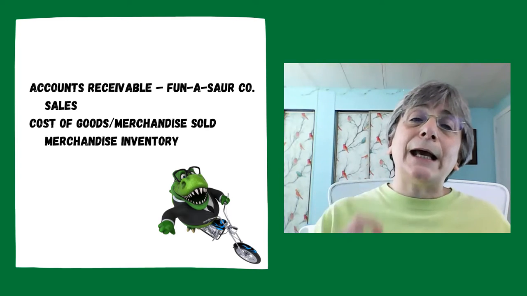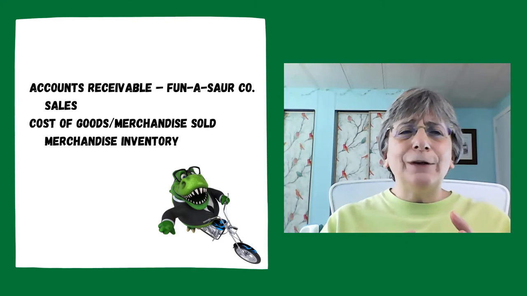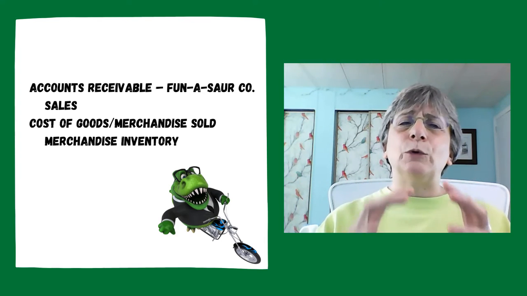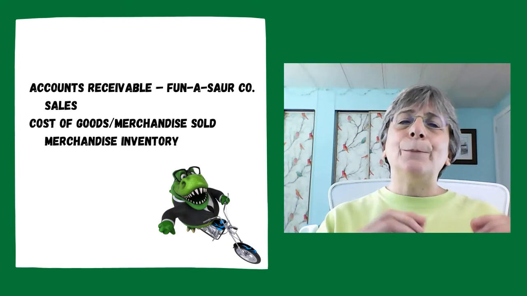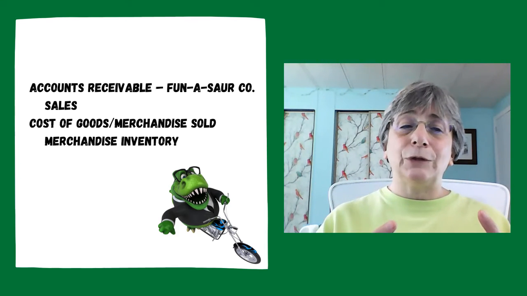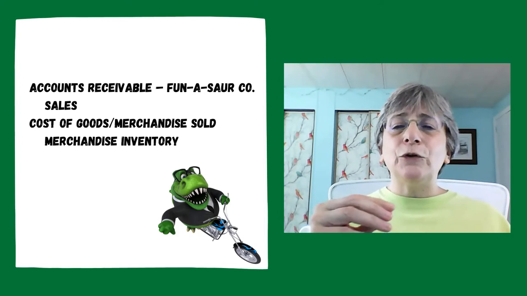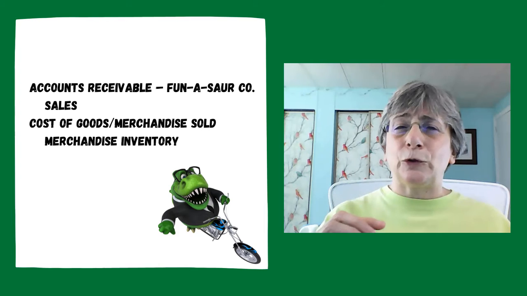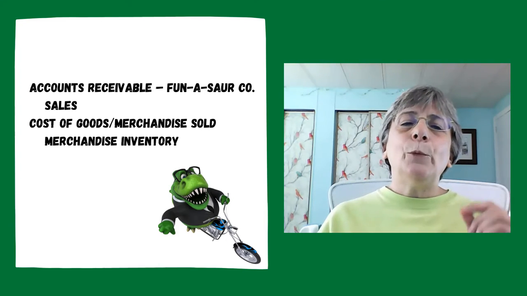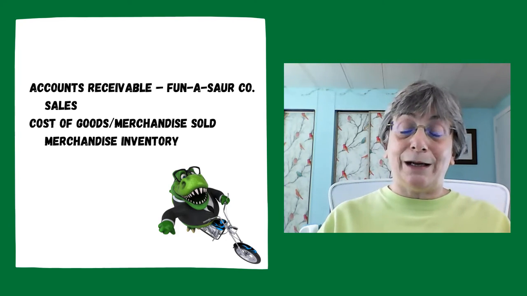Now we need to add a little detail to our accounts receivable. Accounts receivable is the summary account of all of the customers who owe us money, and the balance in accounts receivable is made up of lots of sub-accounts, one for each of our customers. Before, we just used accounts receivable in our journal entries, but we're getting much better at accounting now, and we want to add some detail so we know which customer owes us money.